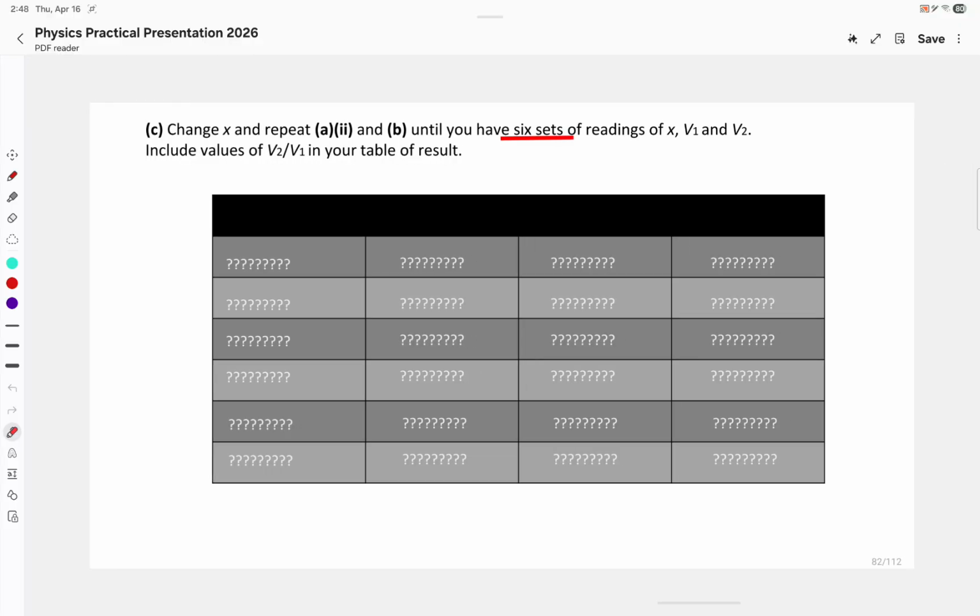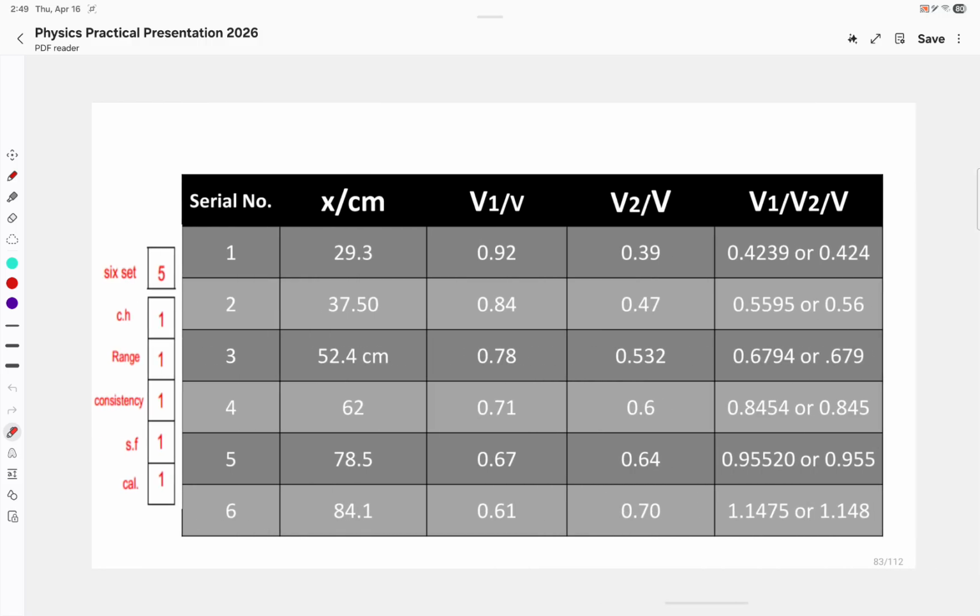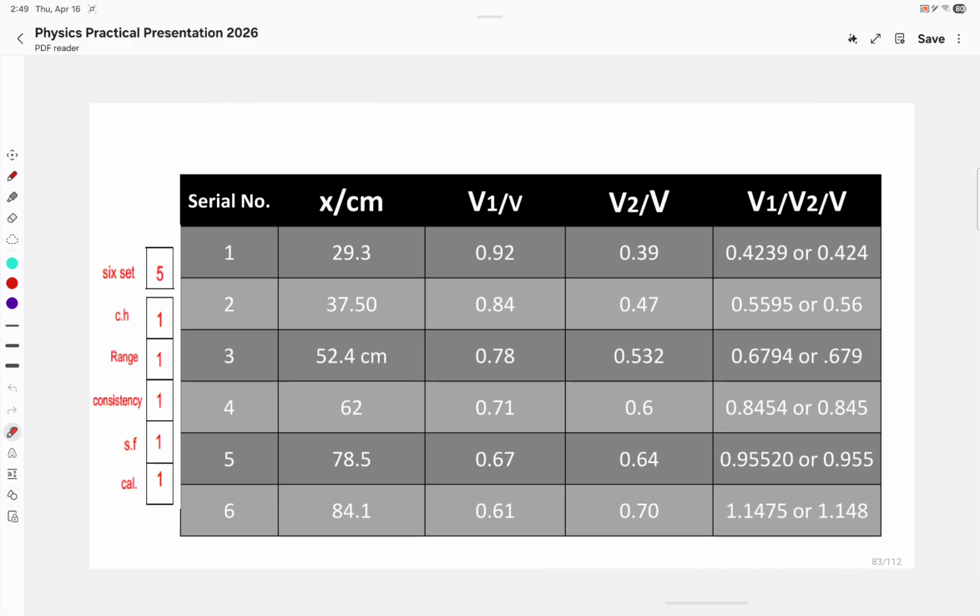I have drawn a table, and the table I'm going to show you in the next slide has some problems in it. Let's see how many of you can highlight them. Here is the table now. First column, serial number, for 6 sets of readings.